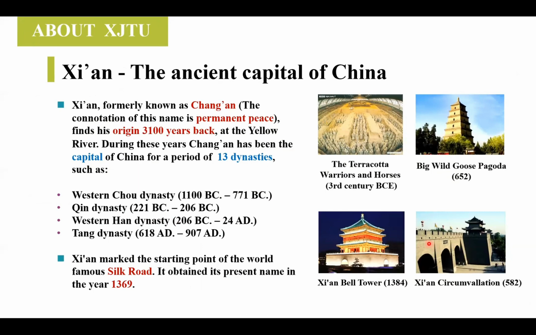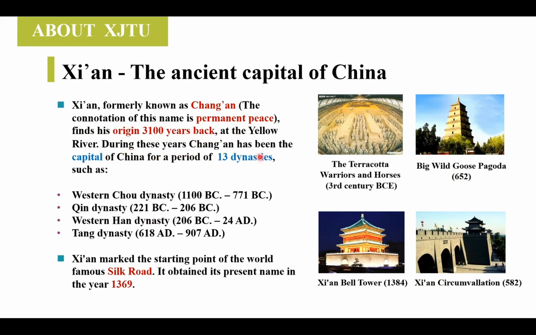Xi'an is an ancient capital of China, a city with a very long history. Xi'an, formerly known as Chang'an, a name meaning permanent peace, finds its origin 3,100 years back at the Yellow River.